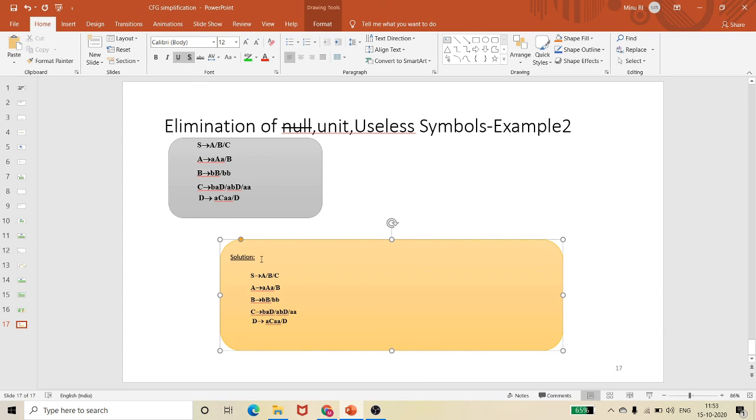The first point is no null production in my entire grammar. Then with unit productions, I can see that A, B, C are here, and here B is. These are all my unit candidates. This one, and this one. These are all my unit candidates.